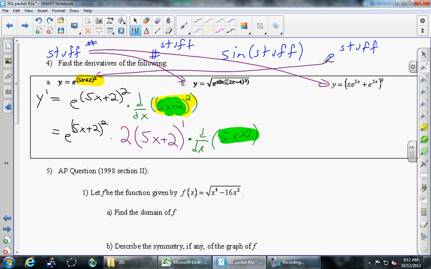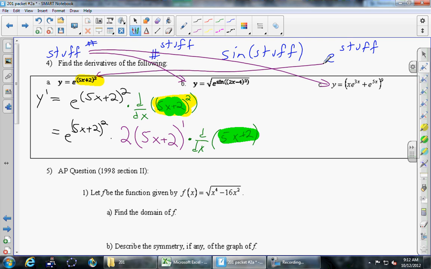Right. The first rule that we had here was e to the stuff. And in the midst of doing that, we ended up finding the derivative of 5x plus 2 squared, and we say, oh my gosh, that's another chain rule. So now I have to just start over like it's a brand new derivative problem and apply that chain rule for the 5x plus 2 squared.